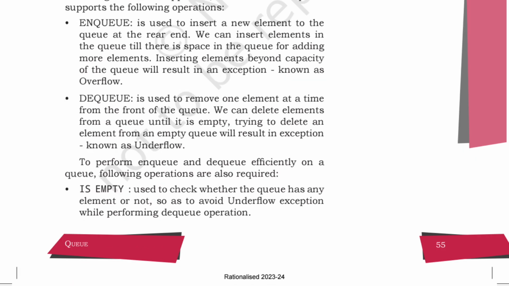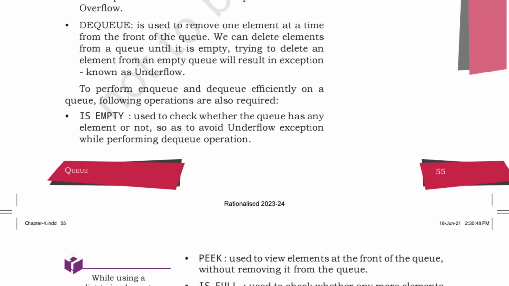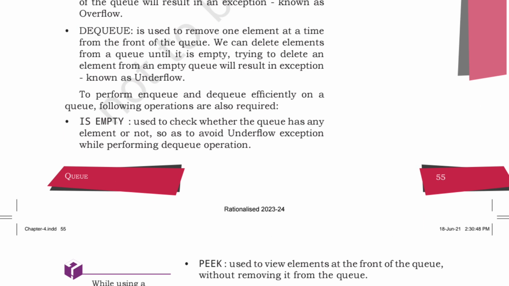So to perform NQ and DQ efficiently on a queue, the following operations are also required. First one is isEmpty. It is used to check whether the queue has any elements or not, so as to avoid the underflow exception while performing the DQ operation.